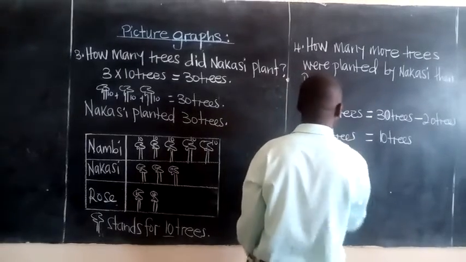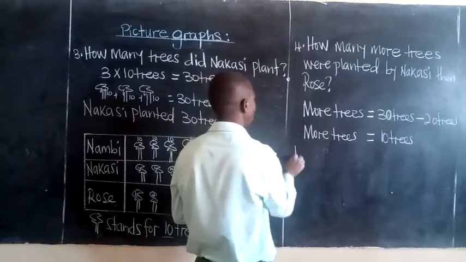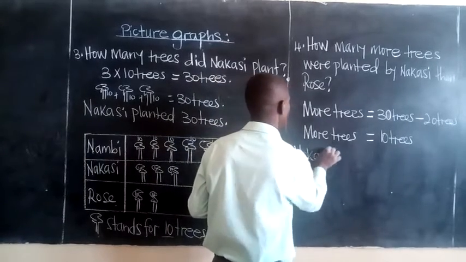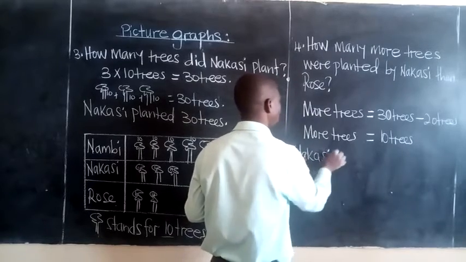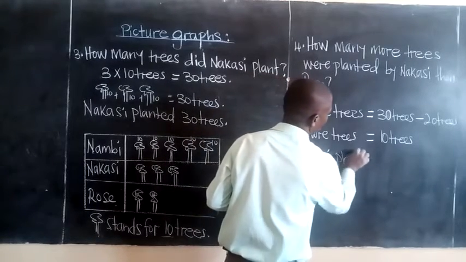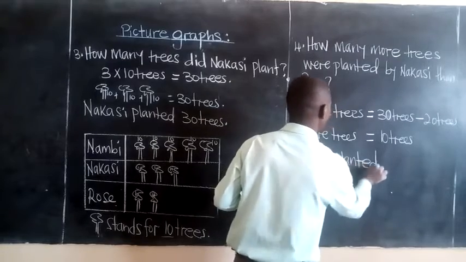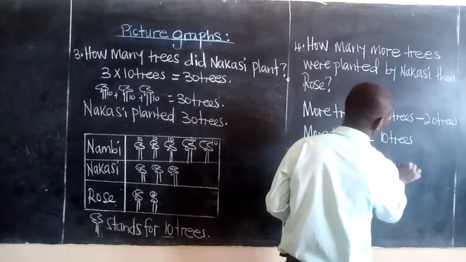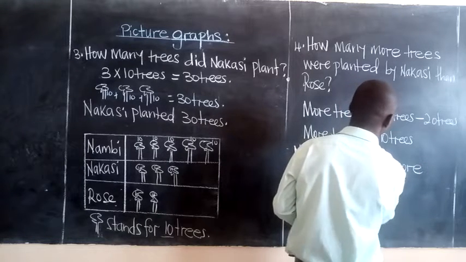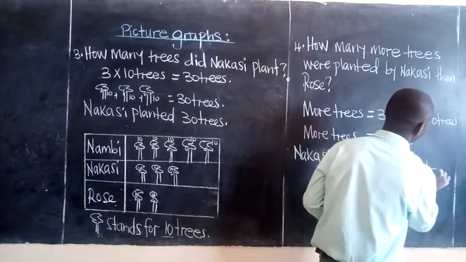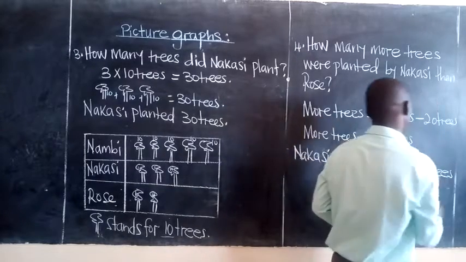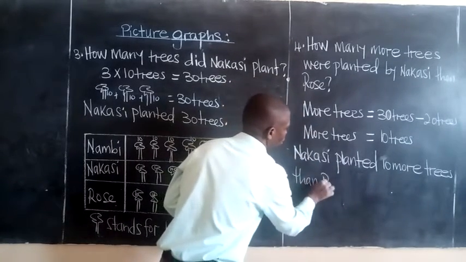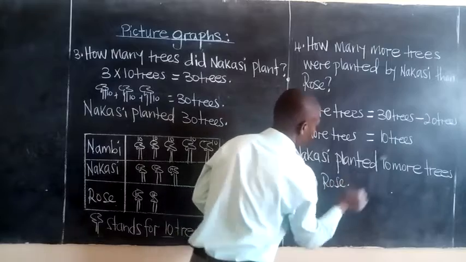So there you conclude by saying Nakasi planted 10 more trees than Rose.